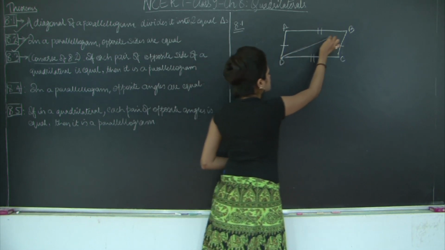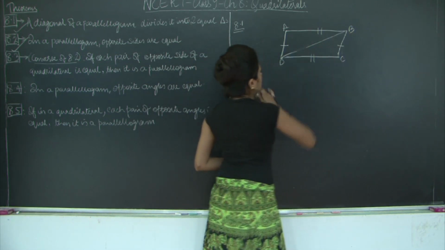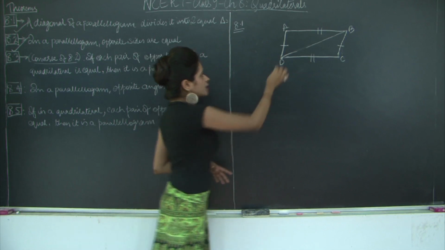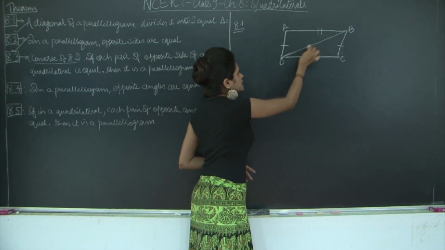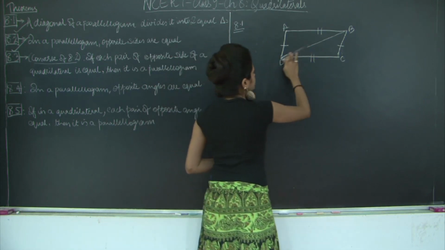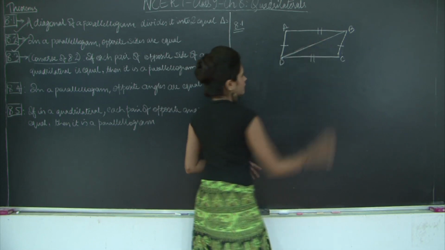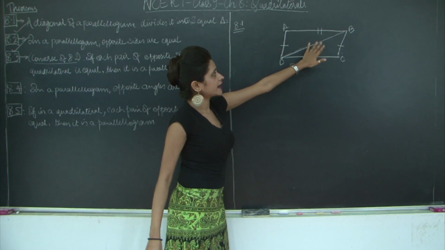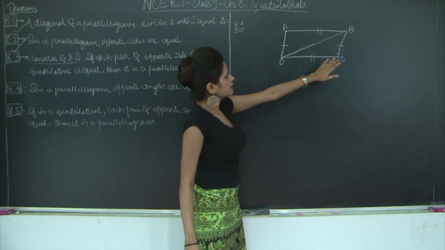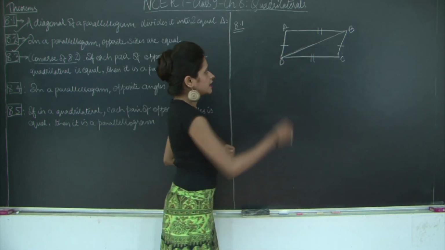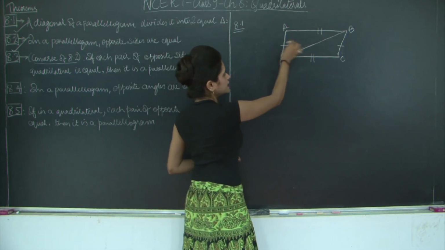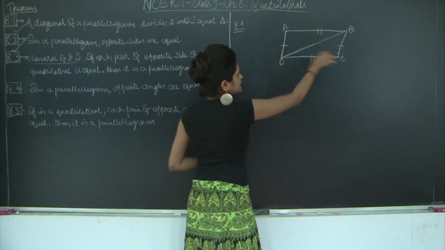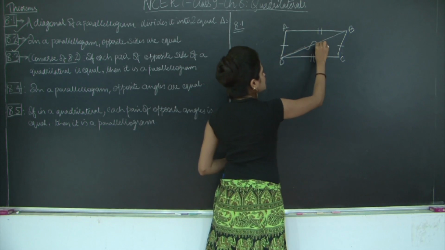What we will do is, we will draw the diagonal DB by joining vertices D and B. So what can I see? I can see that we have two triangles ABD and CDB, correct? Therefore, the two triangles, if you see, AD is equal to CB, AB is equal to CD, and we have a common side here.